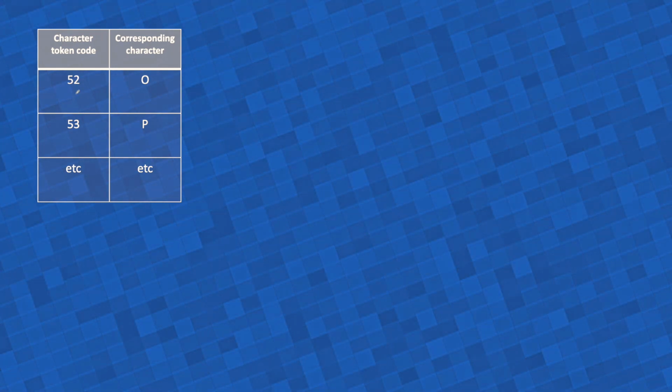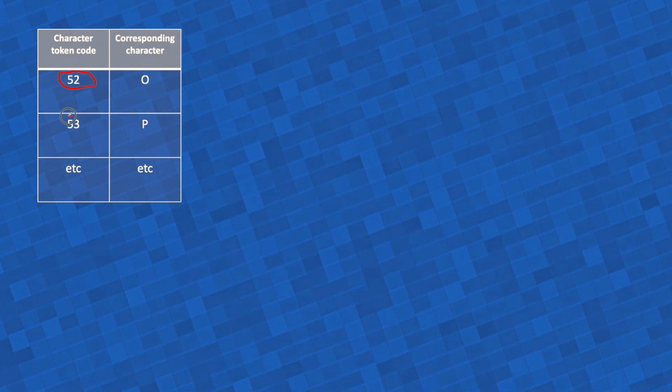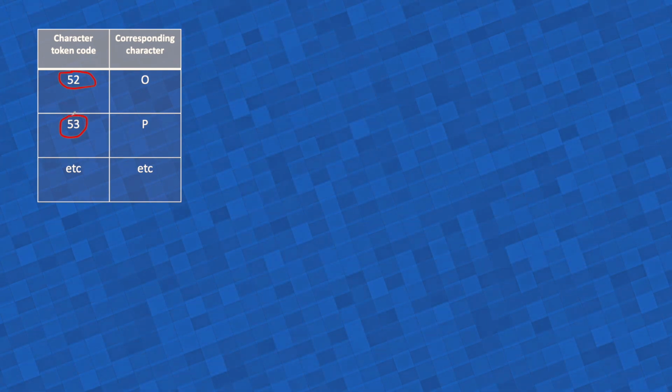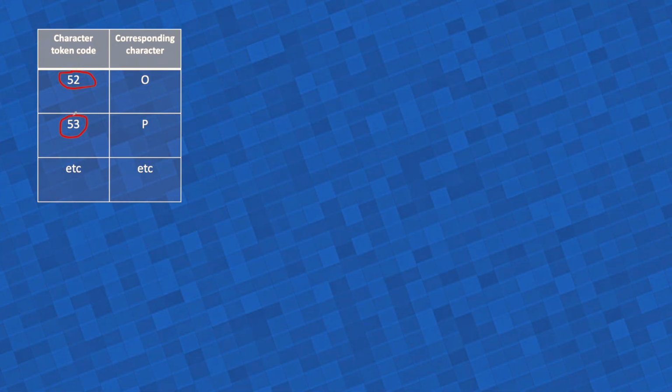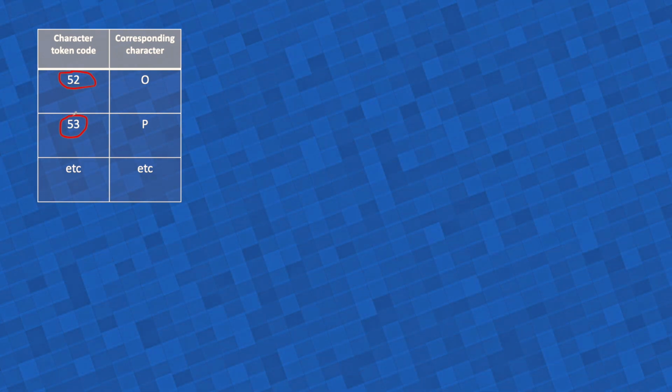The problem is that if you interpret these token codes directly as addresses for the character memory, you will not have space in the character memory for anything but the first byte of each character map.